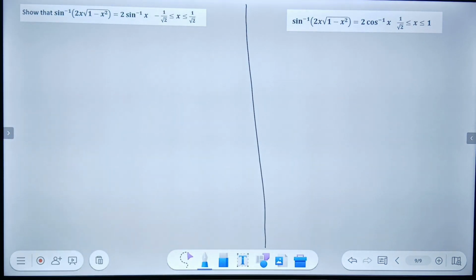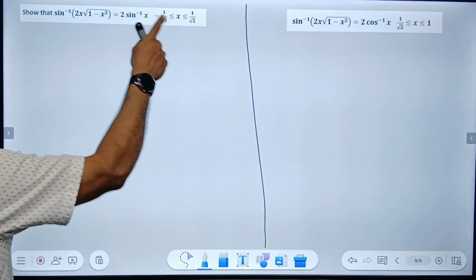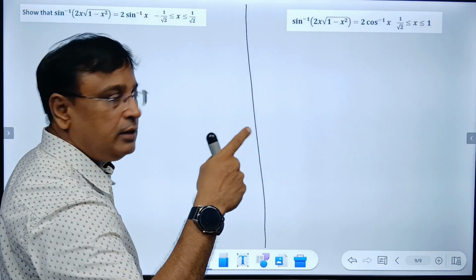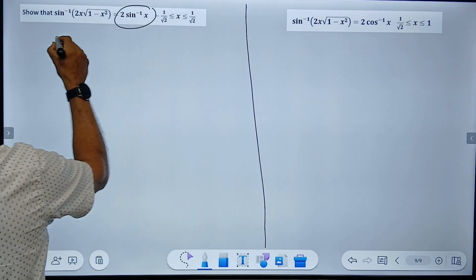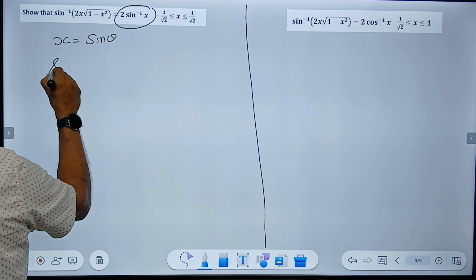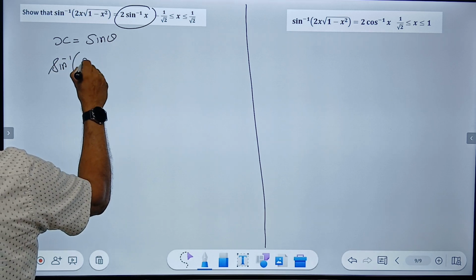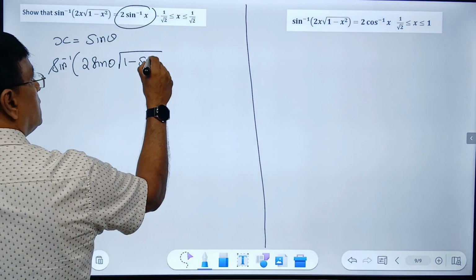So let's try to do this problem. See, both the questions look same, but the domain of definition is different. Okay. But easiest way to understand is, this is what I wanted to prove. So here I'll take x as sine theta. It will become sine inverse of 2 sine theta into root of 1 minus sine square theta.